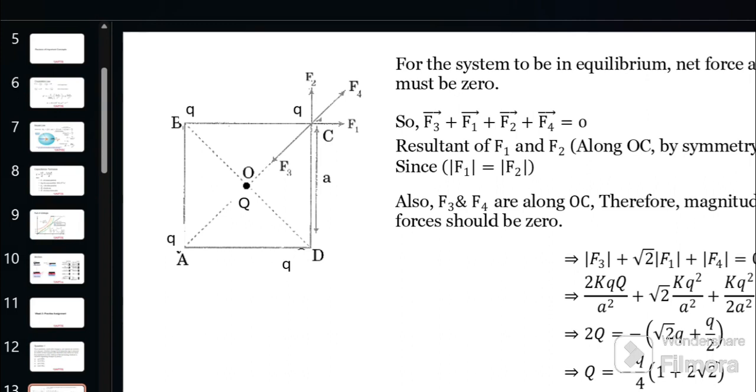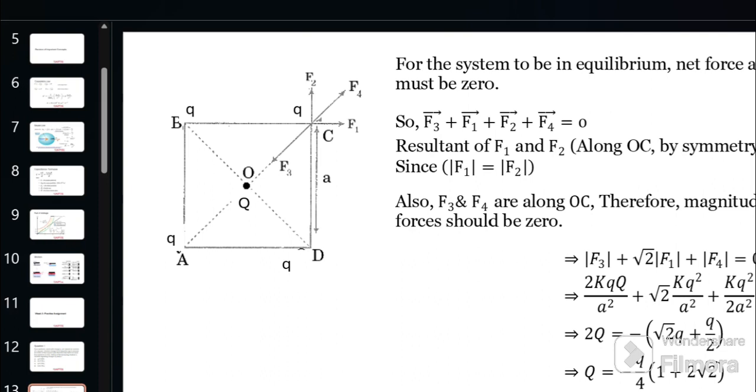We have put the small q charges at the four corners, and the big Q charge is at the center. If you consider the entire square, it will always be in equilibrium, because the four charges cancel out each other, and only the big Q will remain.